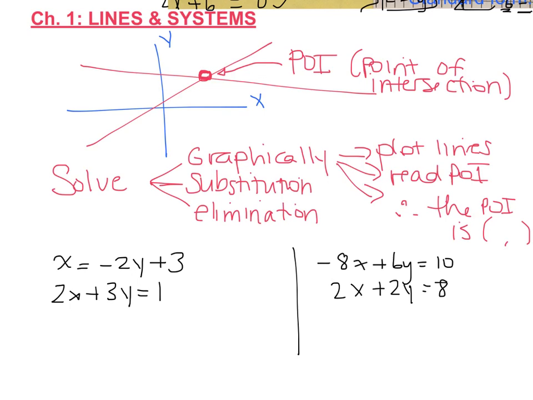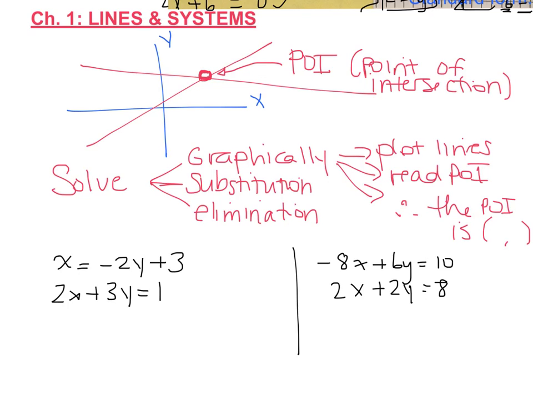Well, the biggest way that you can tell is you can look at the form of the equations that's given. If you look at this first equation, x equals negative 2y plus 3, you see that it starts with x equals. In a question, if you see an x equals or a y equals equation, that tells you to use substitution.